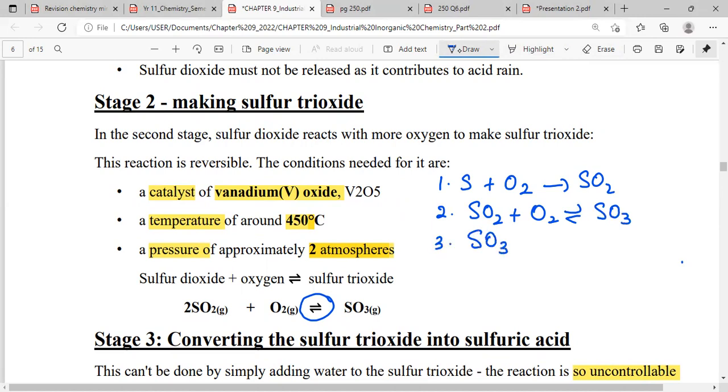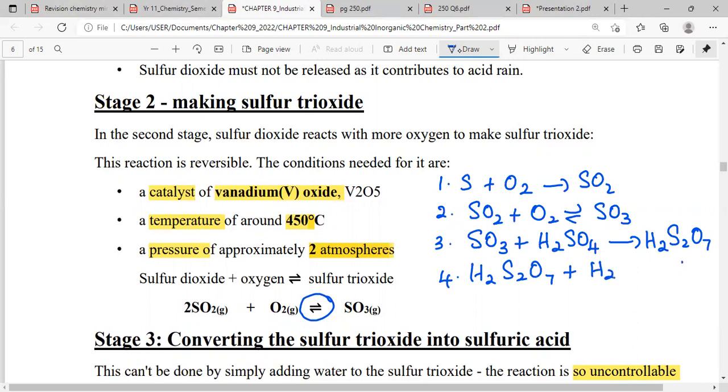Sulfur trioxide is dissolved in sulfuric acid to form oleum, H2S2O7. Then oleum is diluted in water to form sulfuric acid.